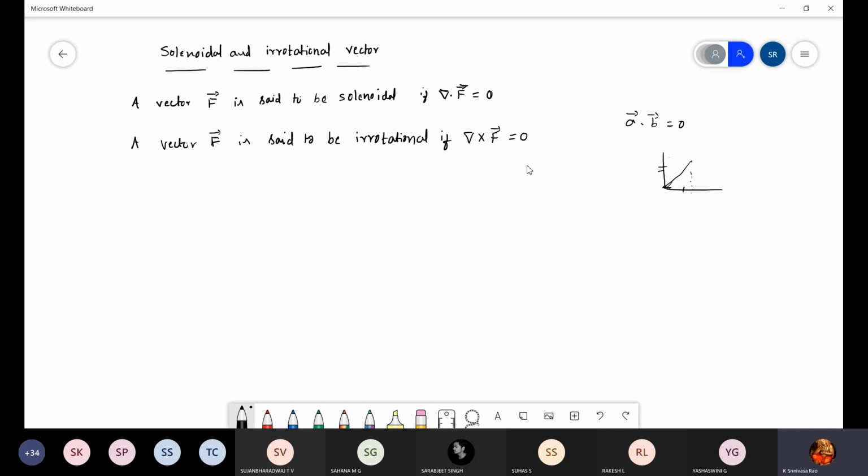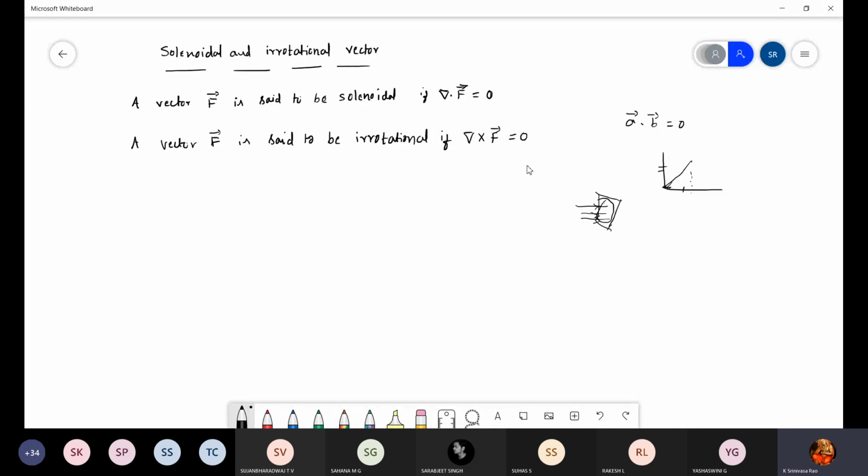Usually divergence has an application to calculate electrical flux. Electrical flux is nothing but: you take one surface, one particular area, and see how many electrical field lines pass through it. We can calculate that by using divergence. It is an application of divergence. The div of a vector shows the electrical field.